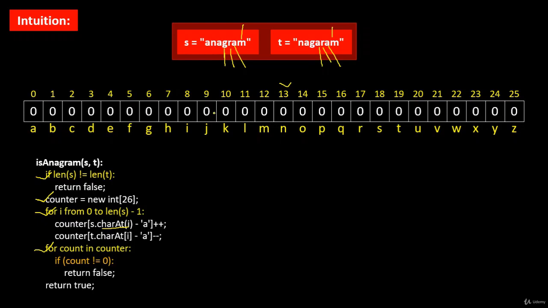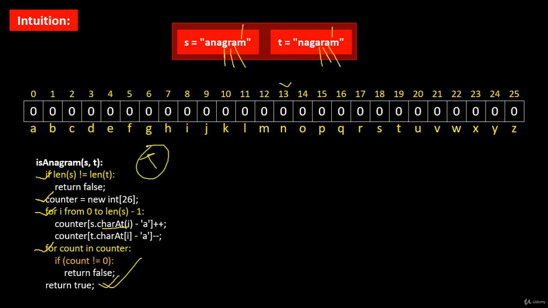If we find any value that is not 0, then we'll return false. Since all the elements of this array are 0, that means the two strings are anagrams of each other. We're returning true, so the answer is true for the given strings.